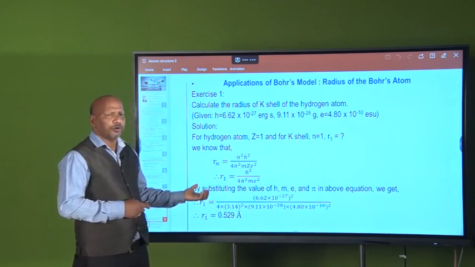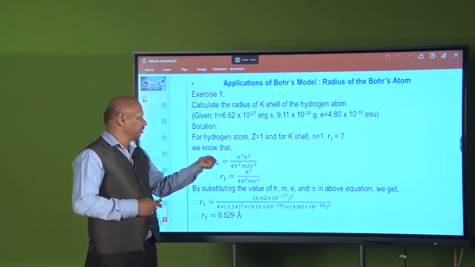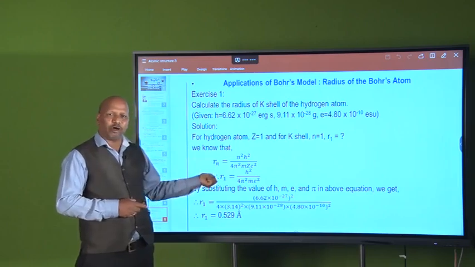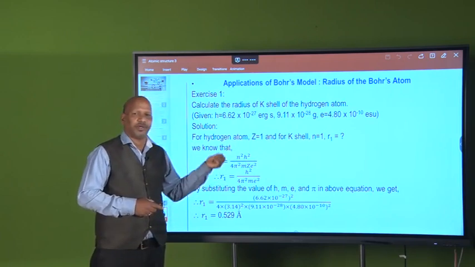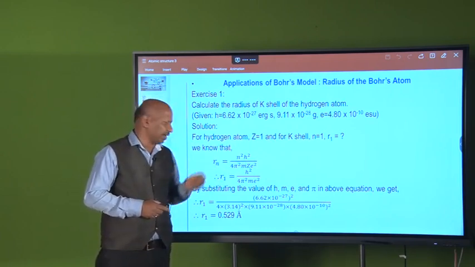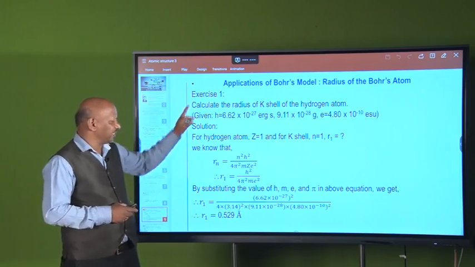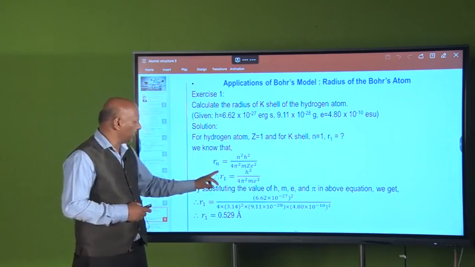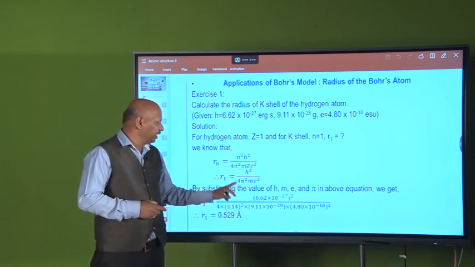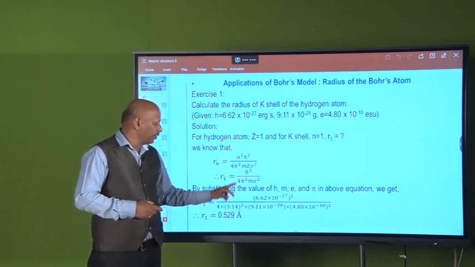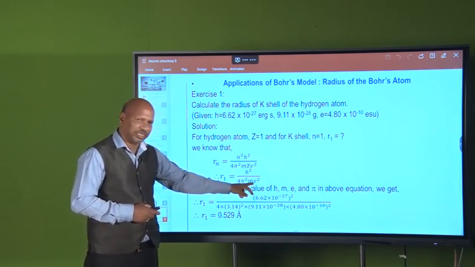We have the generalized equation: Rn, the radius of the nth orbit, is equal to n square h square upon 4 pi square m Z e square. For the first orbit, K shell, we take R1 is equal to h square divided by 4 pi square m e square. Z is equal to 1, that's why I am not considering it here.